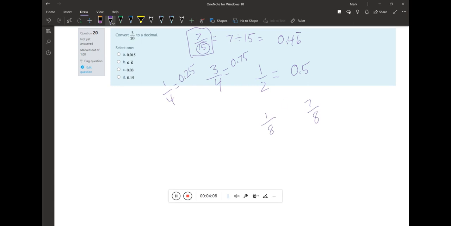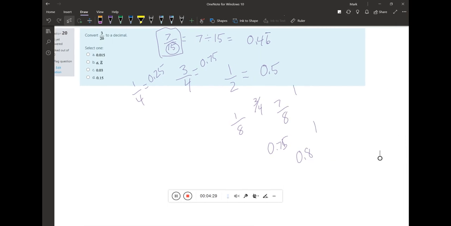So 7/8 is halfway between 3/4 and 1, and 3/4 is 0.75, and this is 1. Well, it's going to be half of 25, so add 12.5 to 75 and you get 0.875.